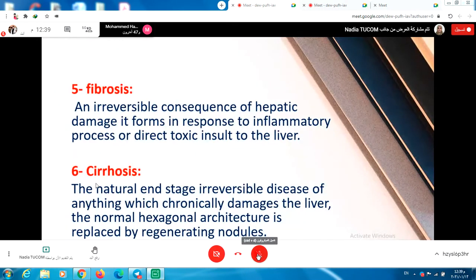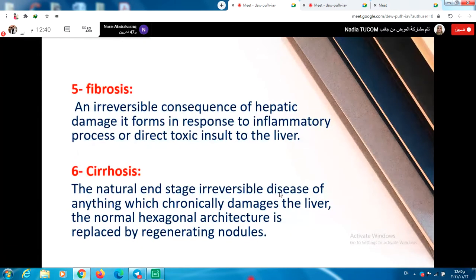Cirrhosis is the end stage. Fibrosis is the activation of a fibroblastic reaction, fibroblasts laying down collagen, stimulated by the inflammatory cytokines.